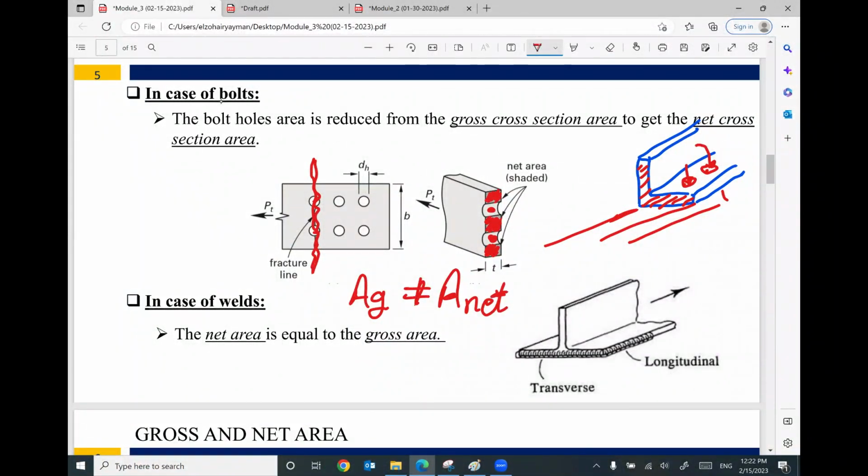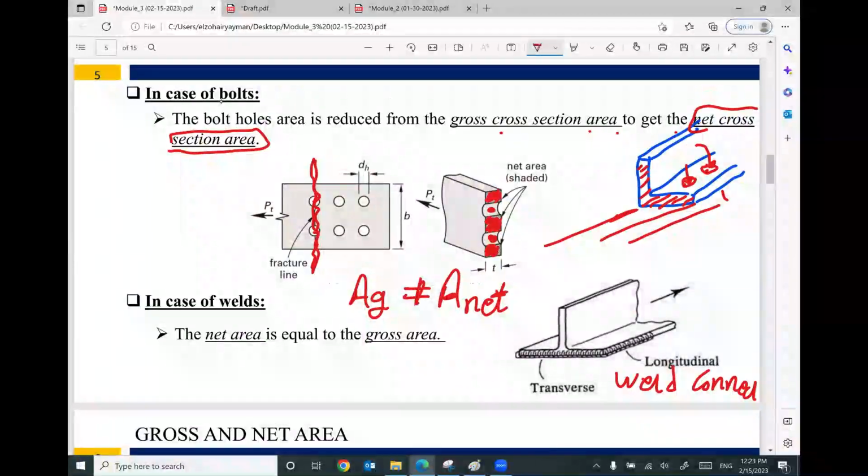That makes sense? So we have net cross-section area. The bolt holes area is subtracted from the gross cross-section area to get the net cross-section area. But if you have a weld connection, I don't need to create holes because I don't have bolts, I have just welding.